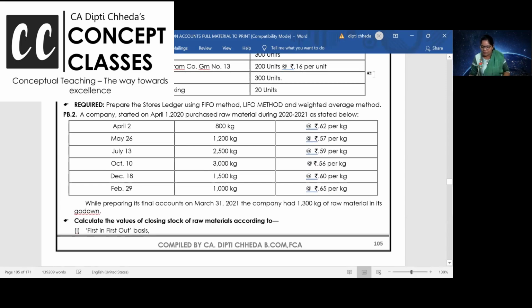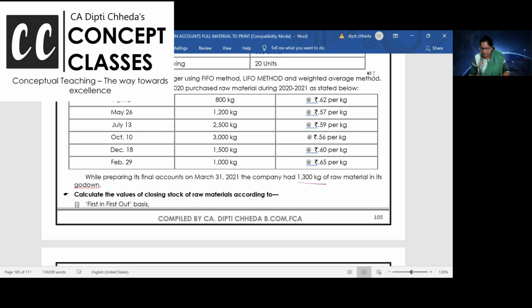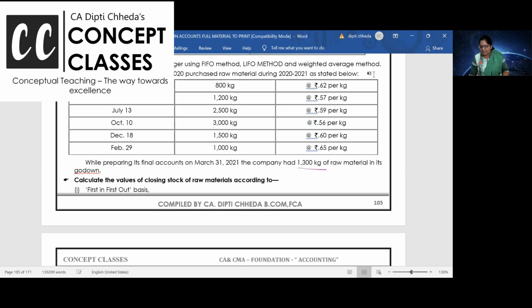It's a very easy problem. A company purchased raw material on 1st April. While preparing its final accounts, the company has 1300 kg of the raw material. Calculate the value of the closing stock on first in, first out basis, last in, first out, and weighted average.